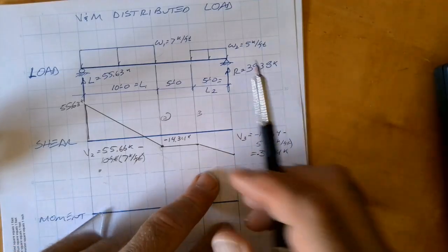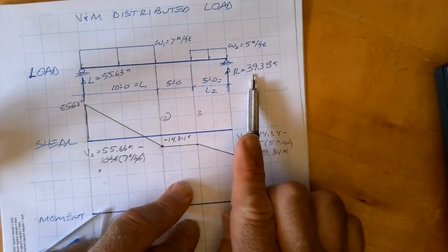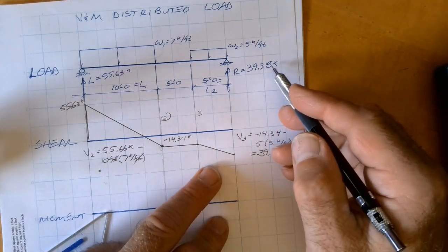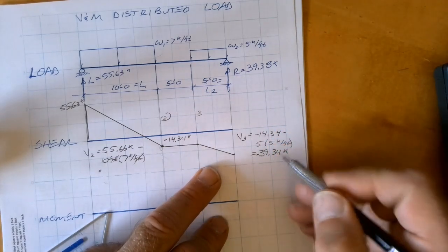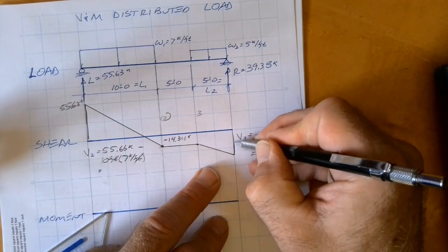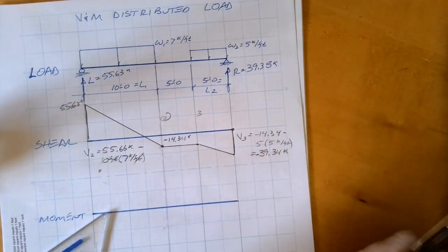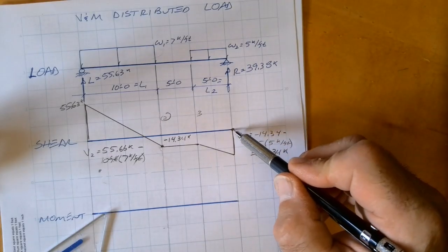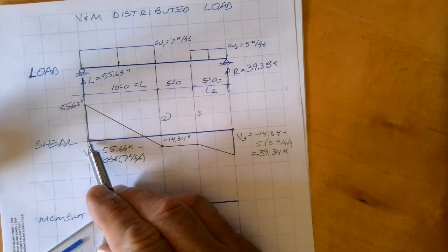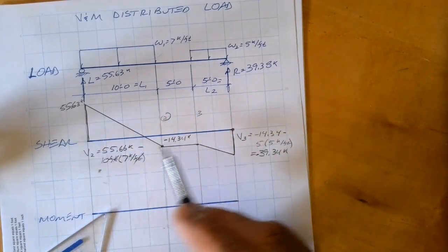Now, as I come to the very end and jump off the beam, I have an upward reaction of 39.38 kips, which here I'm 39.34. That essentially closes me. I'm not going to worry about the rounding error that I carried. And I can see that my shear diagram closes. So it needs to start and close based on the reactions.